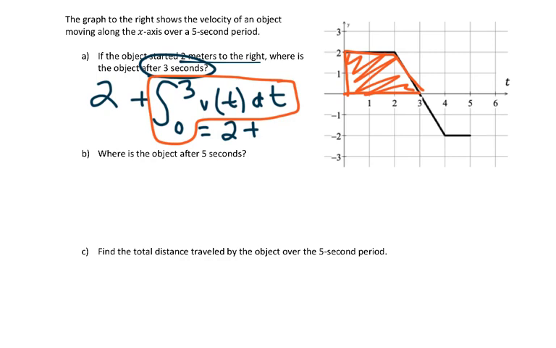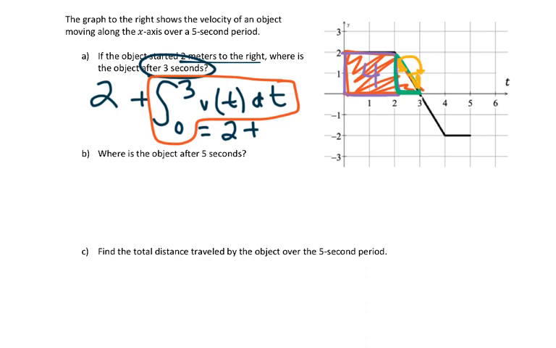Well, I can see that this part right here has 4 boxes, so that's 4. And then I have this piece right here. If you notice, let me use a different color here. This little triangle is the same area as this little triangle here.